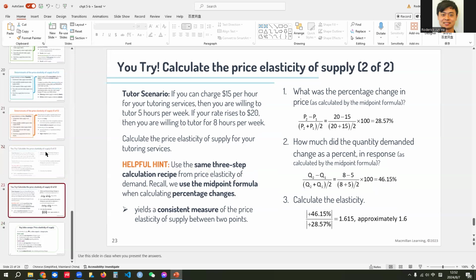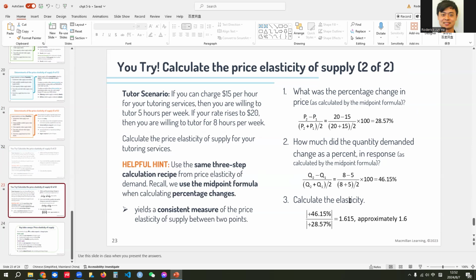And the last one is the calculation. So the textbook uses the midpoint, right? So again, we are using the price difference as the change over the midpoint as the one that we are comparing this change to, to calculate the percentage change of each. And then it's the percentage change of quantity over the percentage change of price.